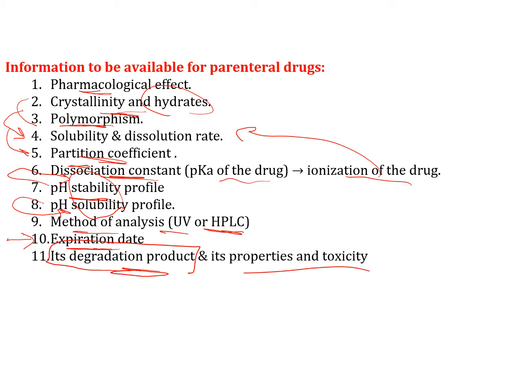So the degree of pharmacological effect of the degradation product and also the toxicity and safety of this product are very important, because you know that from the day of manufacturing of the active ingredient, degradation happens, but with a very small percentage. Maybe after 1 year you will have 2% of the drug degraded. So that's why we need to know if this 2% is toxic or safe, is effective or not.